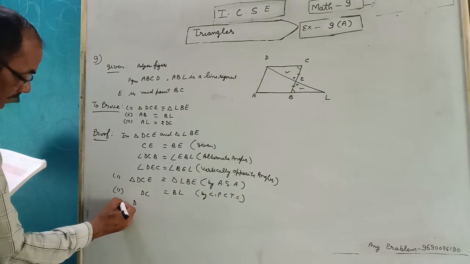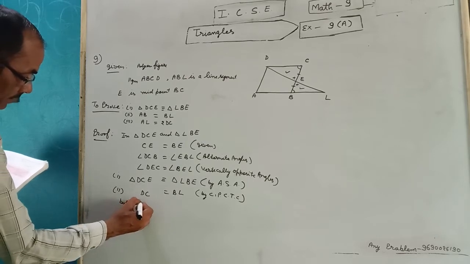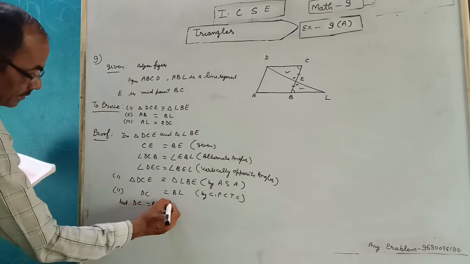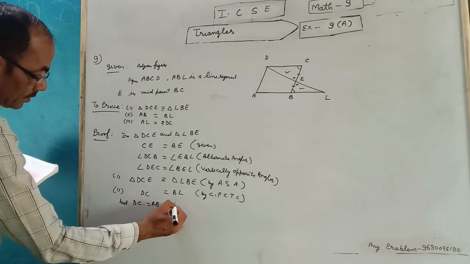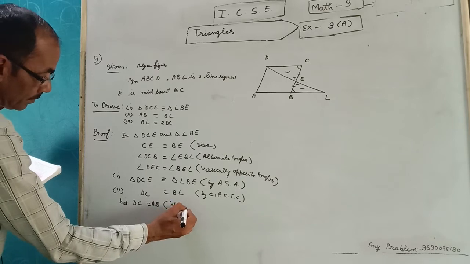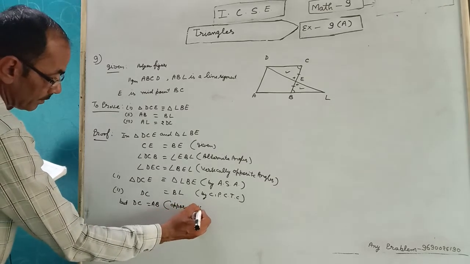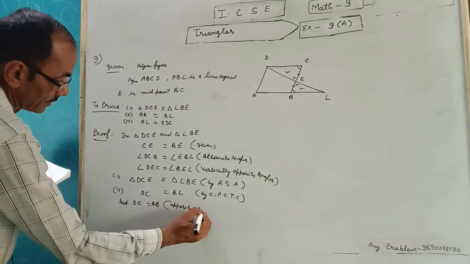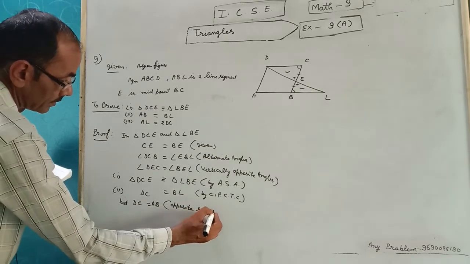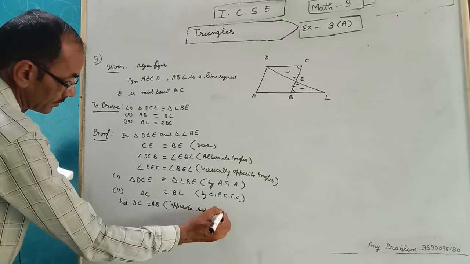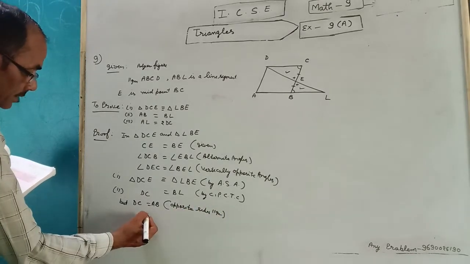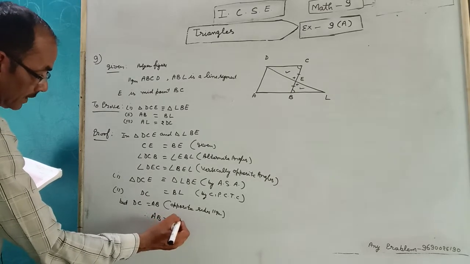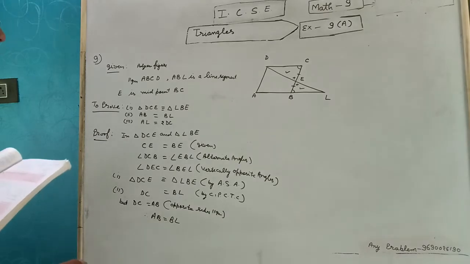DC equal to AB, opposite sides of a parallelogram. Therefore, AB is equal to BL. Second part is complete.